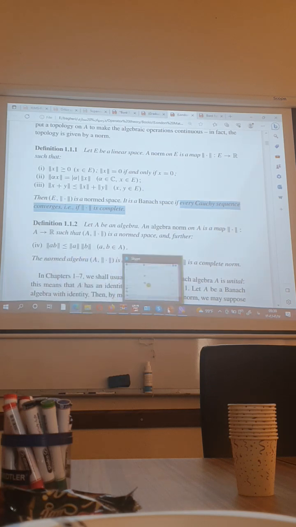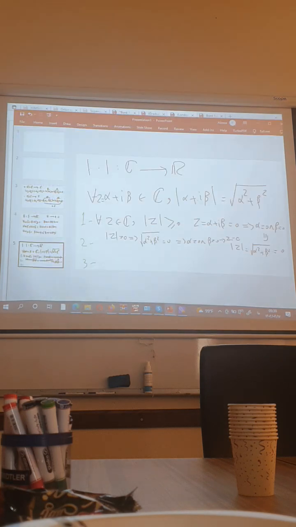For this norm, for any alpha in complex numbers and z in complex numbers, it is very trivial that the norm of alpha z equals this.